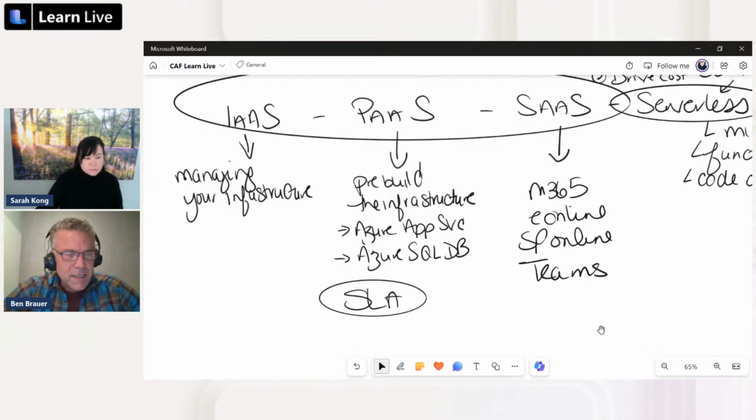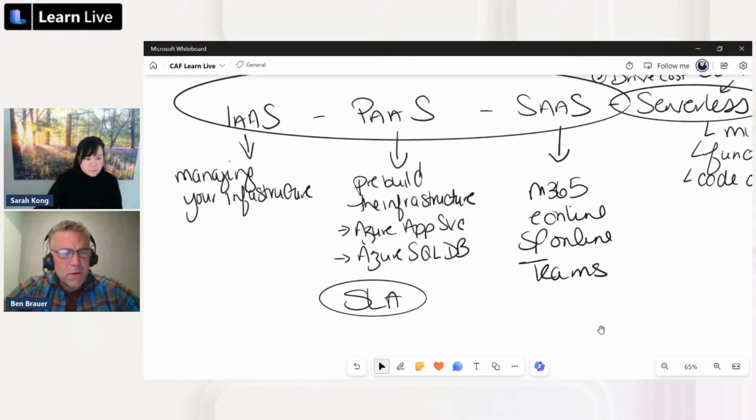is there redundancy across the Azure infrastructure? How secure are the facilities within Microsoft and the Azure data centers? How efficient are those data centers? And so those will all be part of your service level agreement in an IaaS situation.